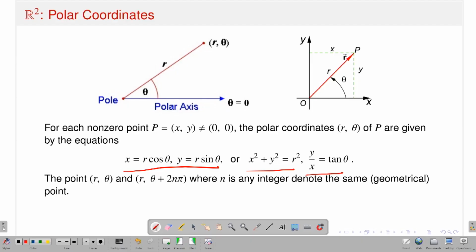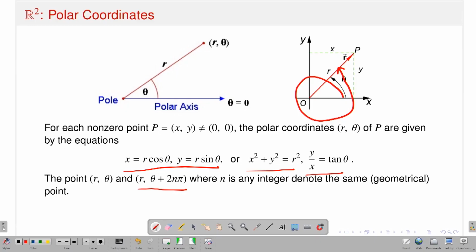An important point to note is that if the angle is theta, then theta plus 2 pi is also an angle representing the same point. So theta plus 2 pi, theta plus 4 pi, theta plus 2n pi all denote the same point.